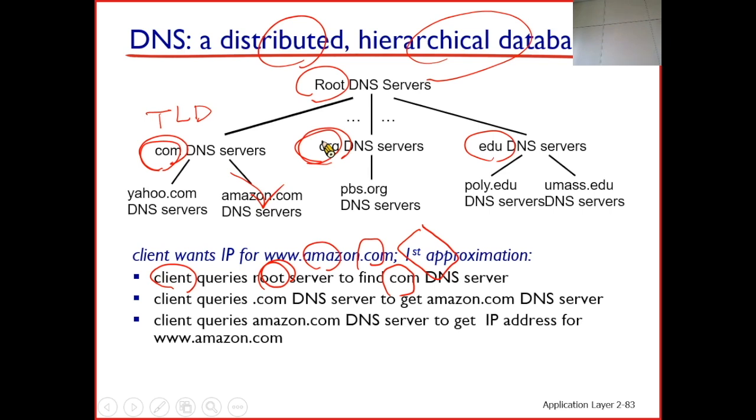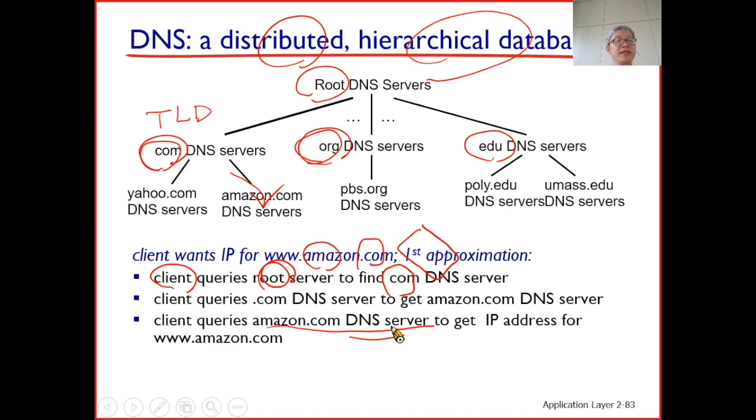Well, this is the first idea. If we have named a hyperlink like www.amazon.com, how do we send a query? Send to root first, and then send to com, and send to the amazon.com DNS server, so that the amazon.com DNS server can let you know the corresponding IP for this name.